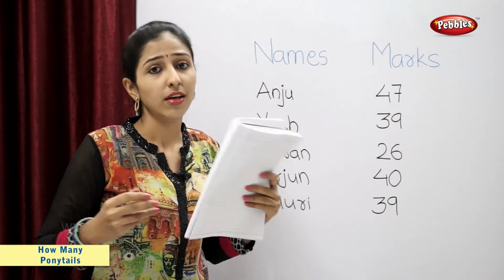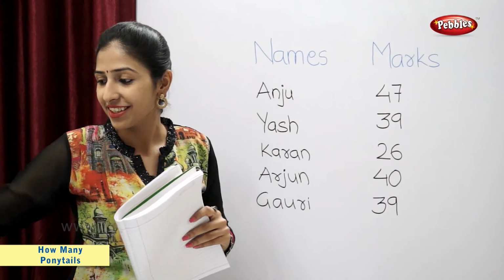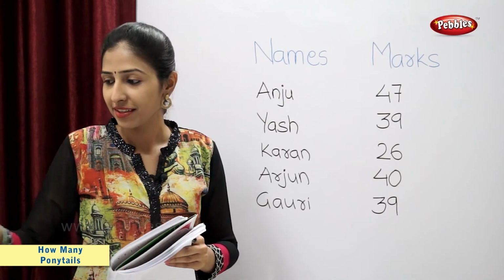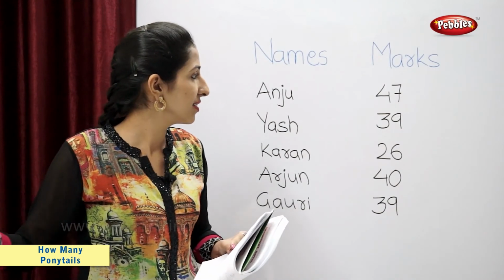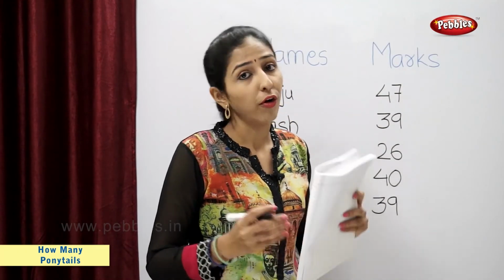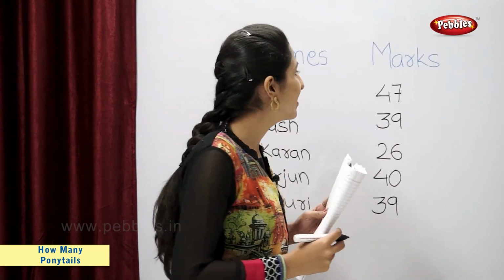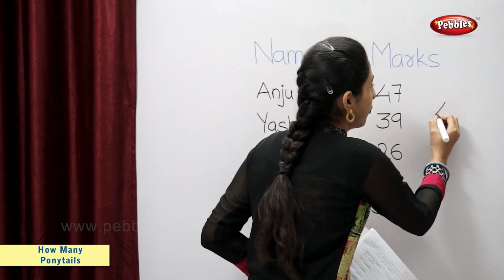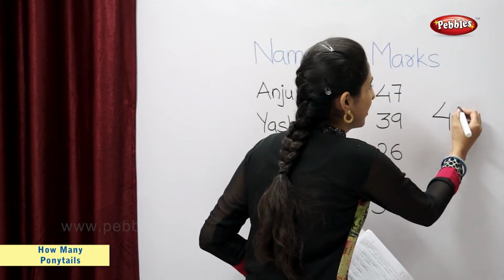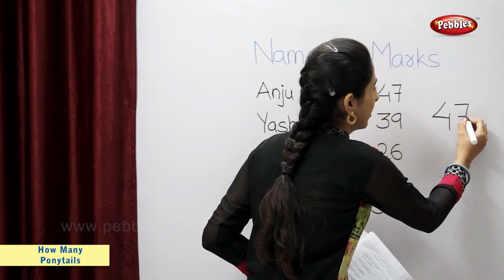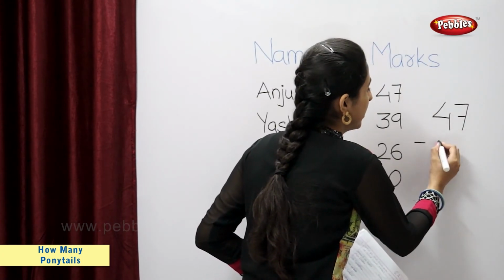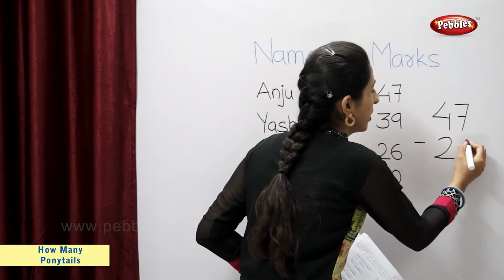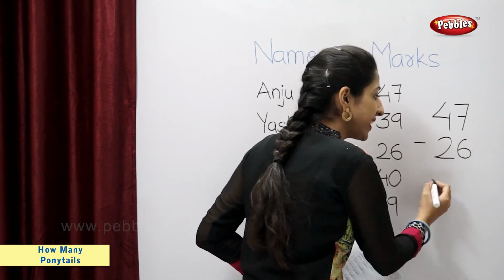Now let's find the difference. Let us subtract 26 from 47. So 47 minus 26.